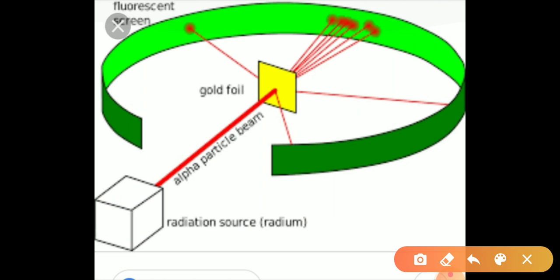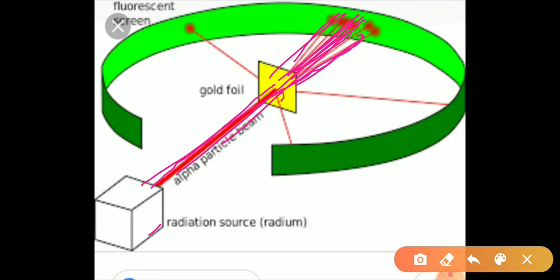When he conducted the experiment, the radioactive element emitted alpha particles. Most of the alpha particles pass through the gold foil, move straight, and fall on the screen. Yes, most of the alpha particles went straight through the foil, but a small number of alpha particles got deflected from the original path through a small angle.